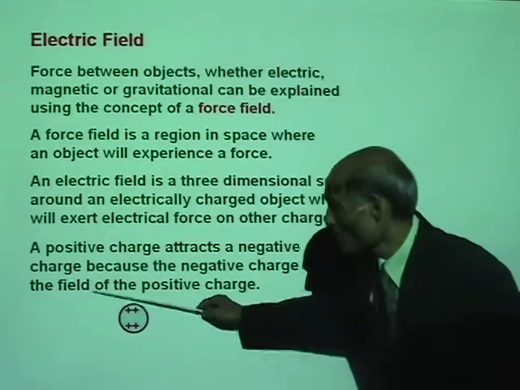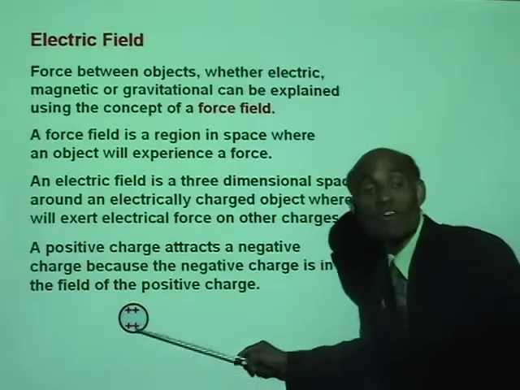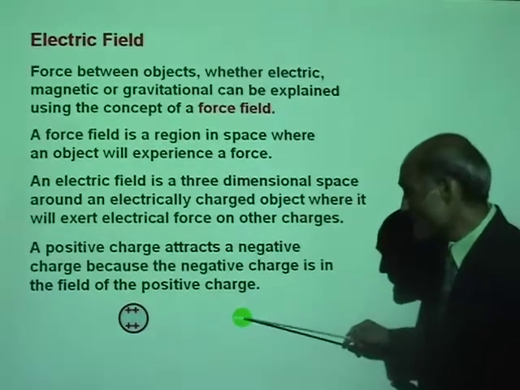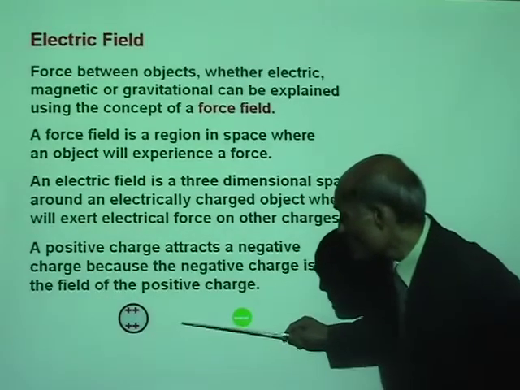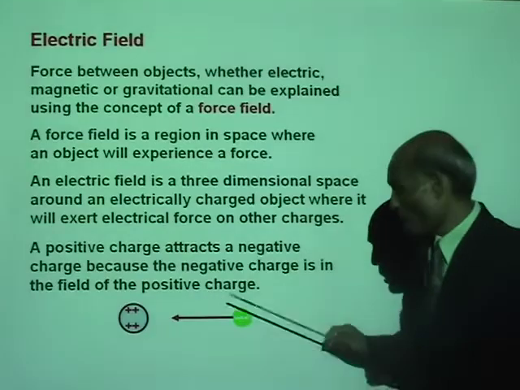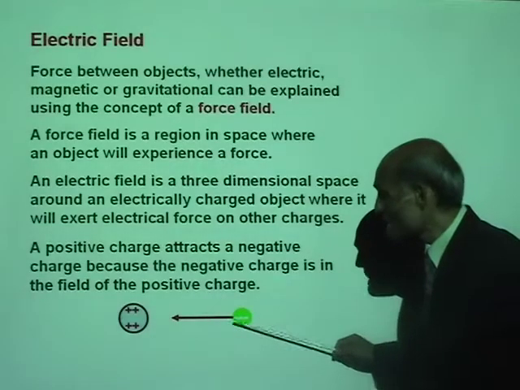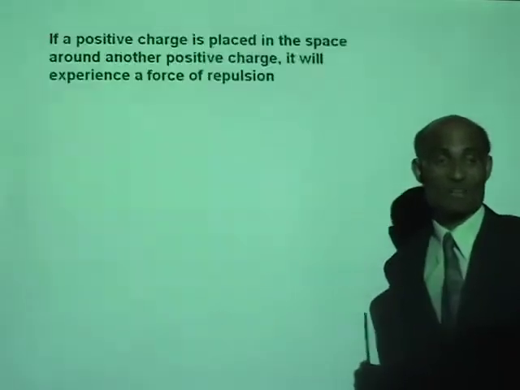Why? Because the space around it is its field. So if I place a negative charge here now, this negative charge experiences a force. Why does it experience a force? Because this negative charge is now placed in the field of that positive charge.